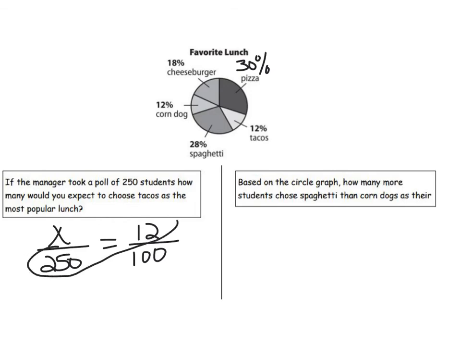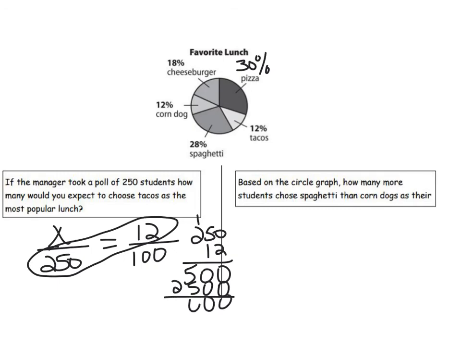So we're multiplying 12 times 250. So 2 times 0 is 0, 2 times 5 is 10, 2 times 2 is 4, plus 1 is 5, add a 0, and then multiply. So when we do that, we have 3,000, and 3,000 we are dividing by 100.